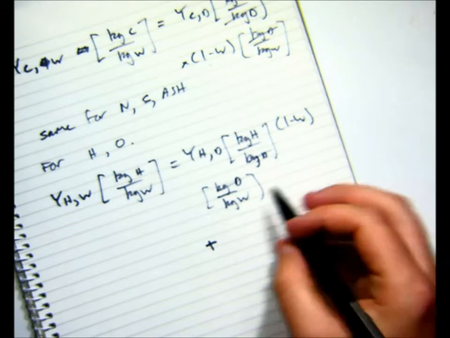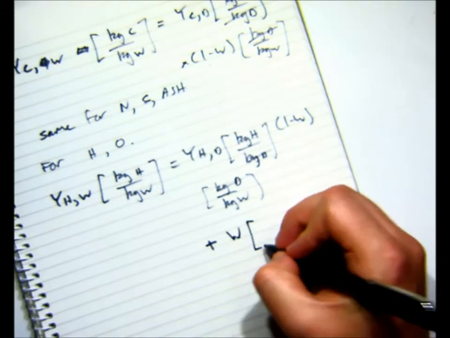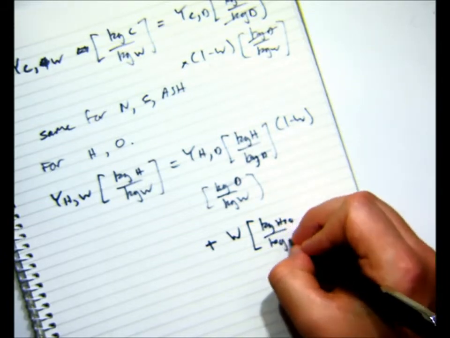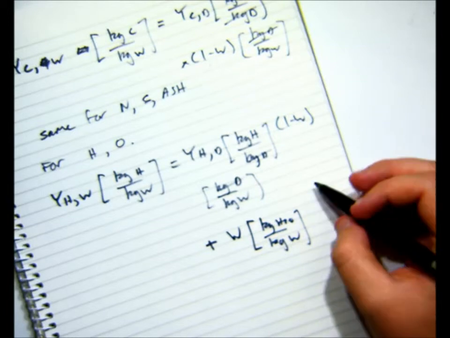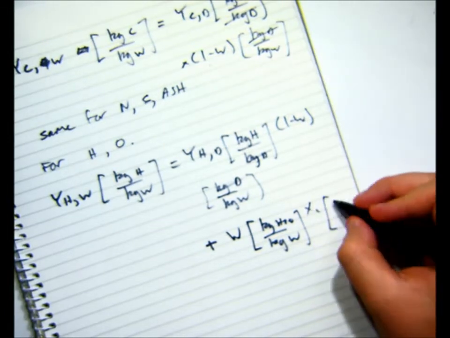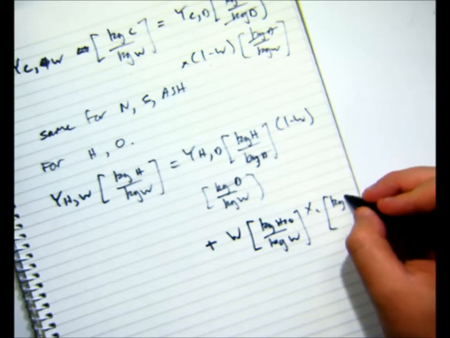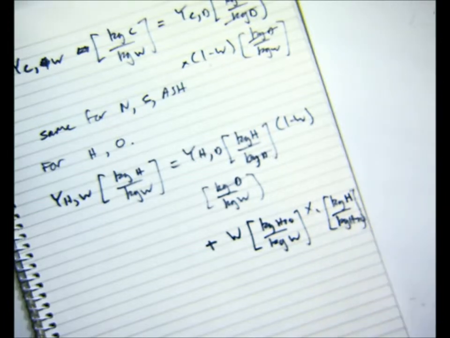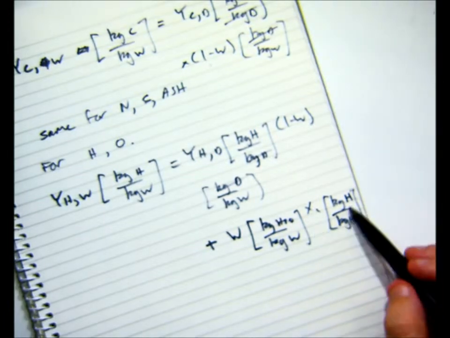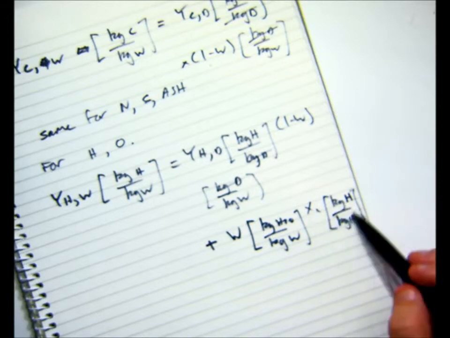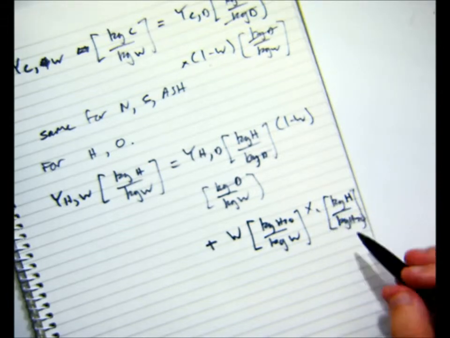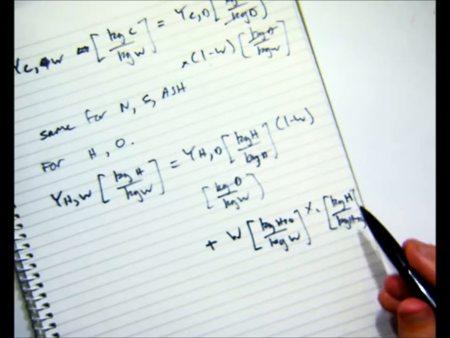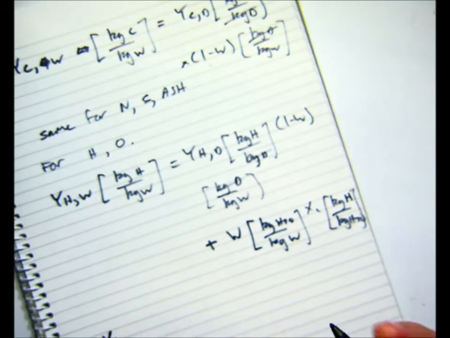Well, we know that there will be some moisture content, which will have units kilograms H2O per kilogram of wet wood. So we know that there's some term here that we're looking for, which has units kilogram of hydrogen per kilogram of H2O. You might recognize this term because we used the reciprocal of it before when we were looking for the kilograms of H2O per kilogram of H. So you can go back and check that out.